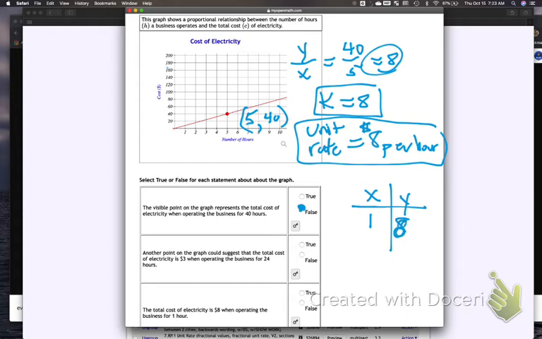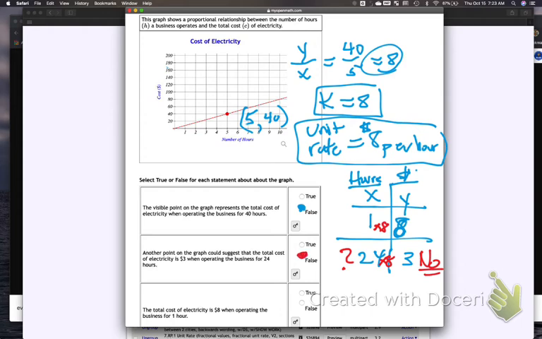And I know I didn't do this in the first one, but I probably should have put the labels up here. That's dollars. So the question is, if you had 24 hours, would the amount be $3? And clearly, that's going to be false because the multiplier here is 8. And when you multiply 24 times 8, the answer is not going to be 3. Okay, so this one is false also.